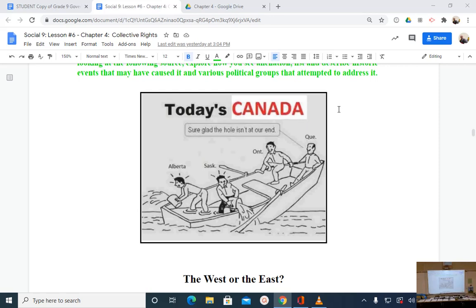And Quebec and Ontario, they're the ones benefiting. And there's a cost to Alberta and Saskatchewan for doing the work. Their pants are wet. It's uncomfortable. It's laborious.